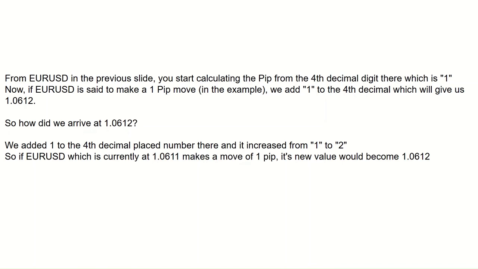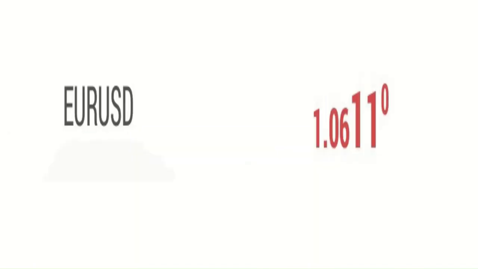Now, if EUR/USD is set to move a pip, it means it moved by 1 pip. Then we add 1 to the fourth decimal place, which gives us 1.0612. If we go back, you can see it was previously 1.0611. But if it moves by 1 pip, we add 1 to the fourth decimal place.